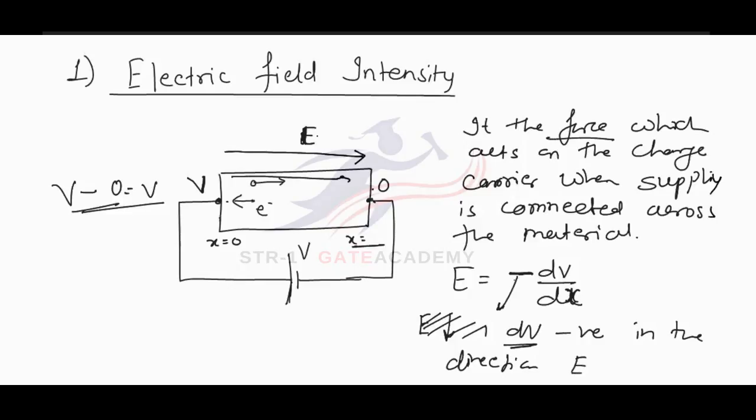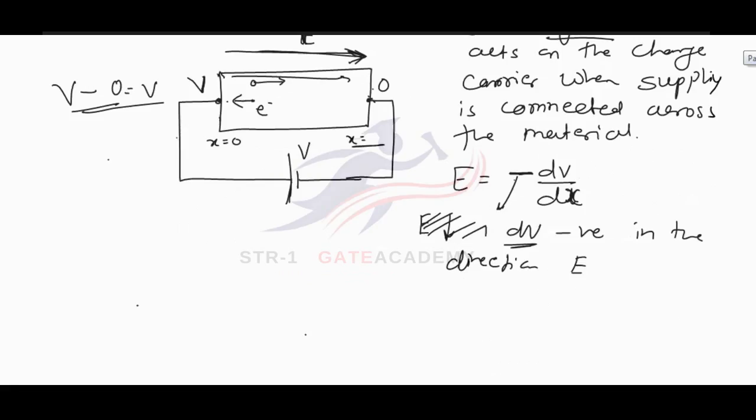We can see in the diagram, if we move in the direction of the electric field, the potential decreases from V to 0. The potential decreases in the direction of the electric field, hence this negative sign in the definition of electric field. So with the knowledge of change in voltage with respect to change in distance, we can calculate the electric field in the material.